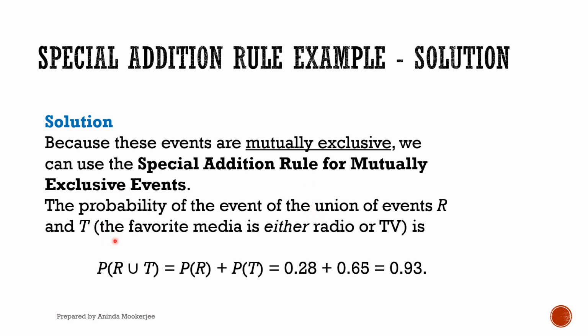So in brackets, they have the favorite media is either radio or TV, is given by this notation. They have used this particular notation that I mentioned in the previous slide. R union T would be P of R plus P of T. So 0.28 plus 0.65 equals 0.93.